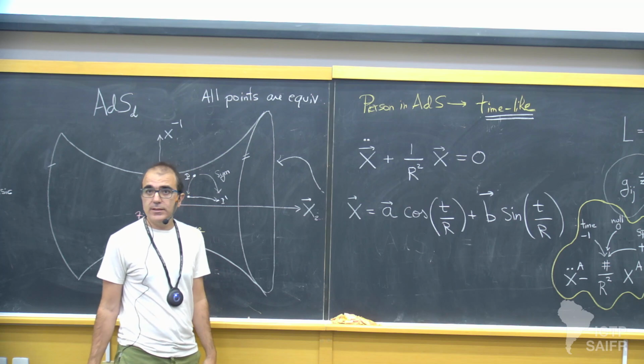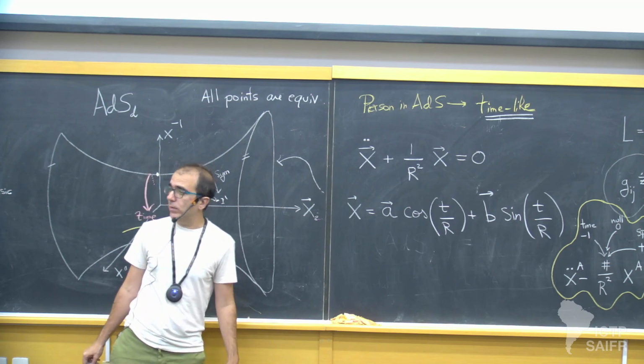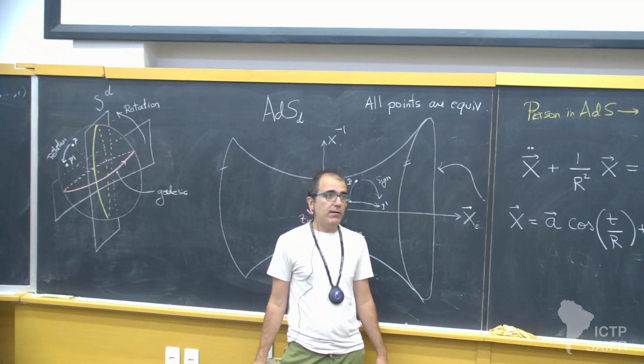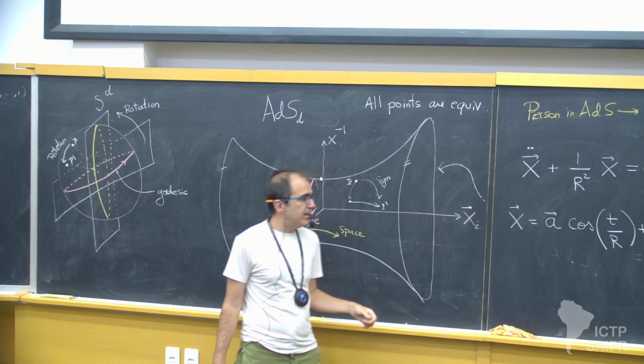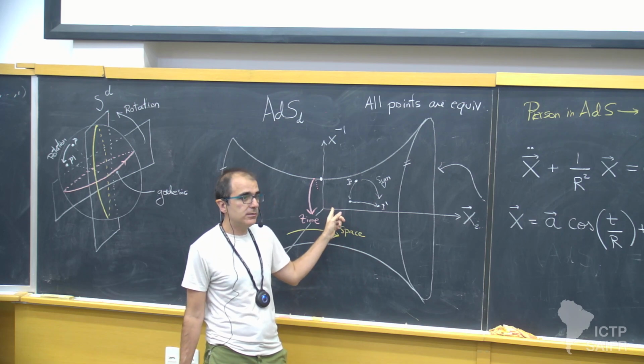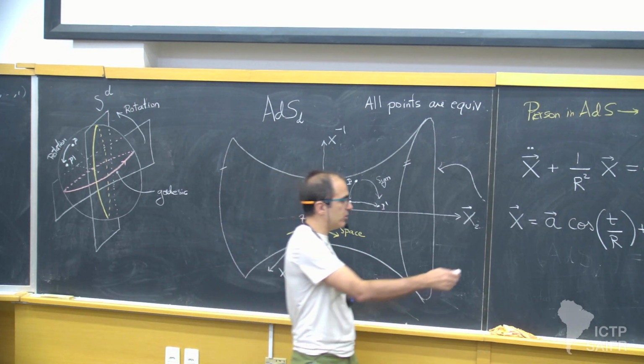Am I done? Not really. Let's set T to 0. When T is 0, what do I get? X equal A. Is X a point on the hyperboloid for any A? No. So of course we need more conditions.